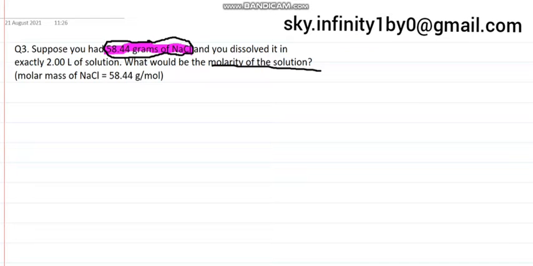And as we all know the formula for molarity, we should always start with writing the formula for molarity. Molarity is equal to number of moles divided by volume in liter.